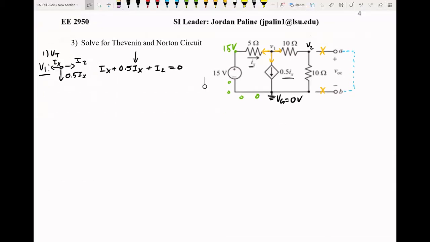So we see the Ix, but if we write it out, reality is going that way, so that would be 15 minus whatever V1 is, over 5. So if we expand this out, Ix from this equation is going to be from that equation.